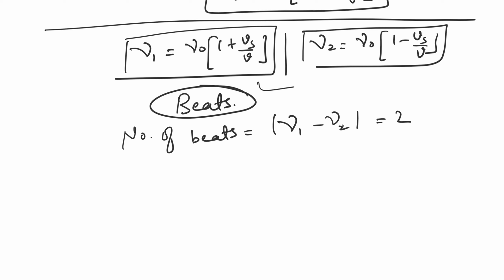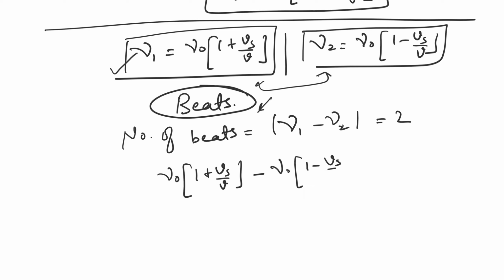Using these two formulas, let's put them in the beats formula and see what our answer would be. Which one would be greater? Nu1 would be greater. So we'll have nu naught times 1 plus vs by v minus nu naught times 1 minus vs by v is equal to 2.